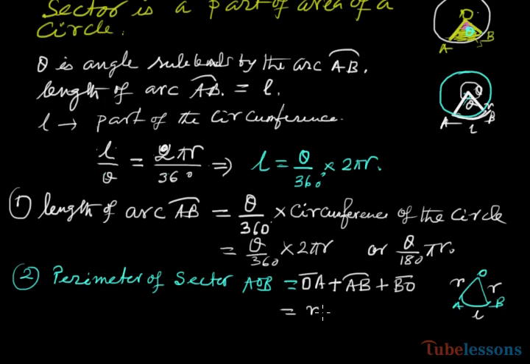So, this is R, and then this formula, length of the arc AB, theta by 360 into circumference 2 pi r, plus another r. So finally we are getting 2r plus theta by 360 into 2 pi r.